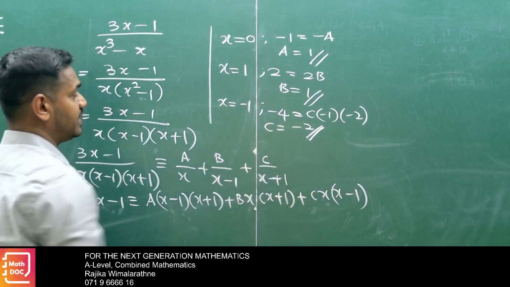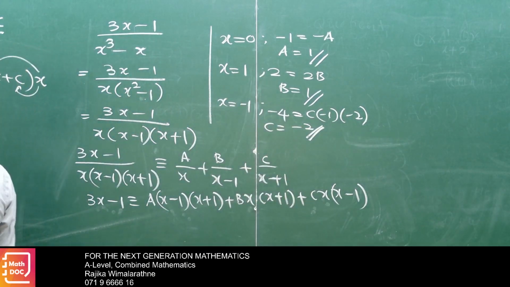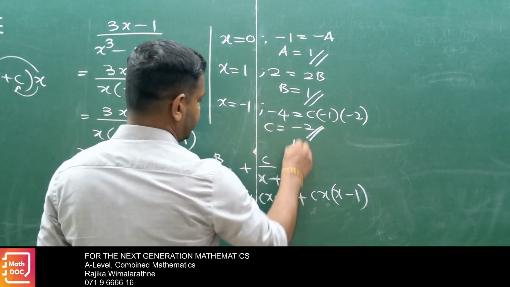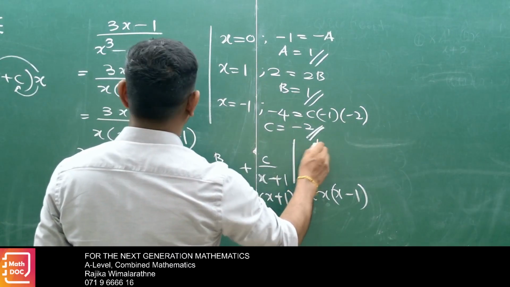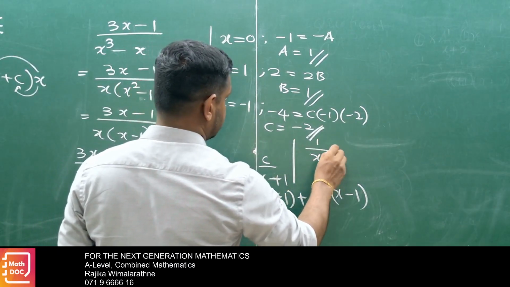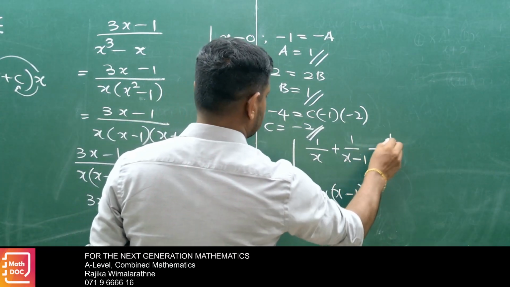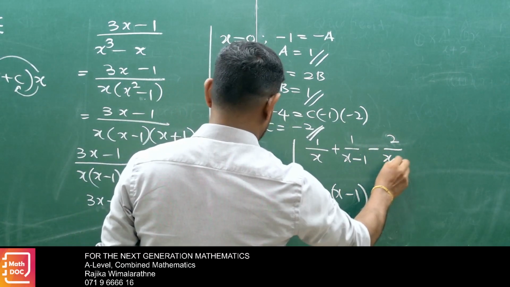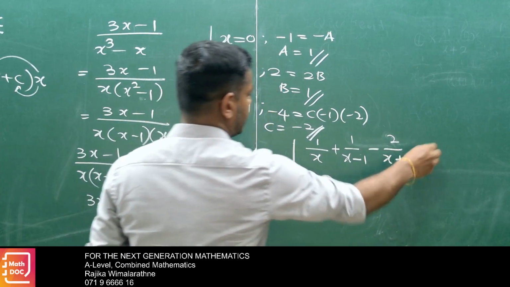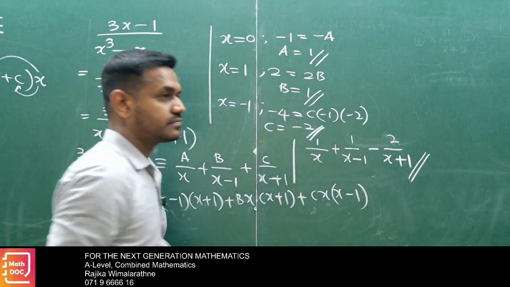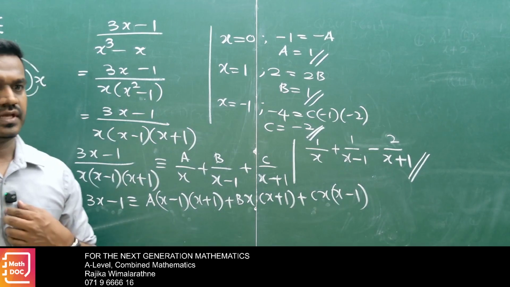Now we know a, b, c values. Then you can write partial fractions: 1 over x, plus 1 over x minus 1, plus 2 over x plus 1. Okay, here are the partial fractions. Continue.